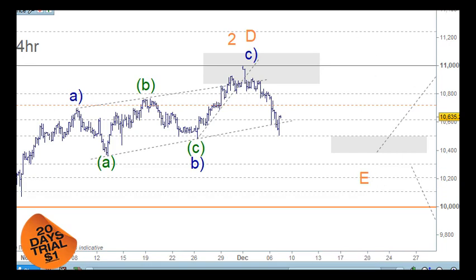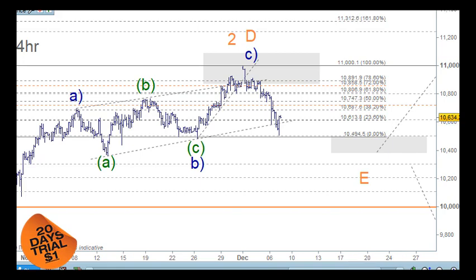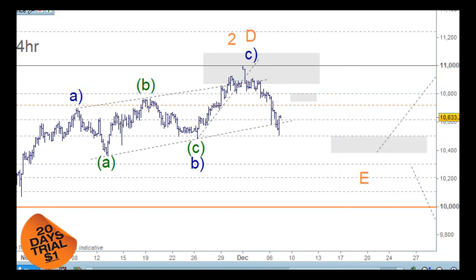So we can take the top here, which is our target, the low here, and okay, so that's our move here.